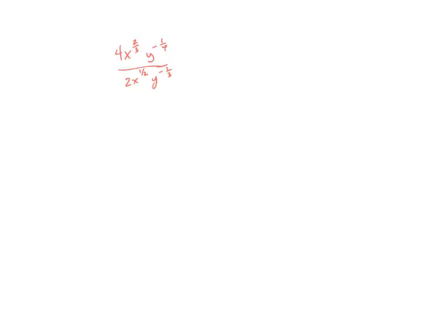So we're going to have to figure out what to do with all this stuff. All right, so my first suggestion is to realize that in this 4x to the 2/3, the only thing that's being raised to the 2/3 is the x. Same thing down here on the bottom. So the first thing I like to do is to write it where the coefficient gets separated from those. Now, the 4 would be included in the power if there were parentheses around the 4x, right?